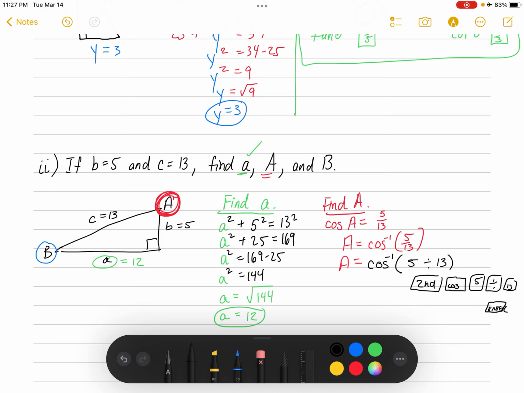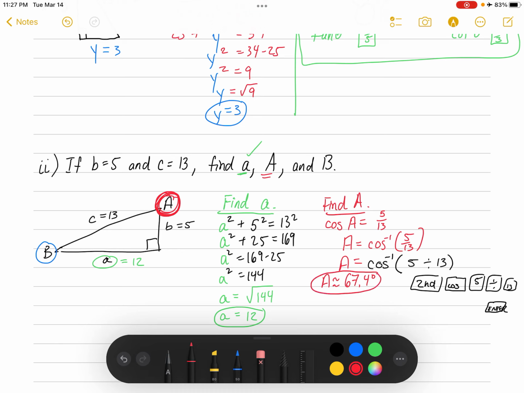So let me try that. Second cosine, so I get cosine inverse 5 divided by 13, close the parentheses, and enter, and I get around 67, rounding it to the nearest degree, 67.4 degrees.